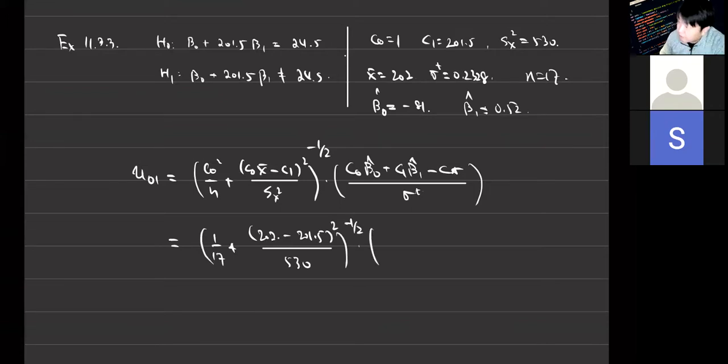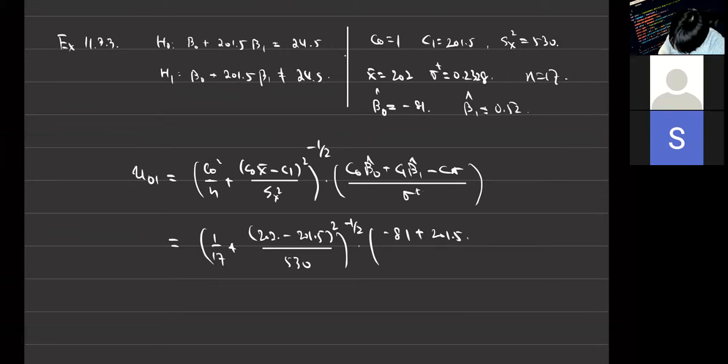And then inside here you have essentially minus 81 plus 201.5. That's C1 here. And then minus C star, which is going to be 24. Sorry, let me, I need a beta 1 hat.